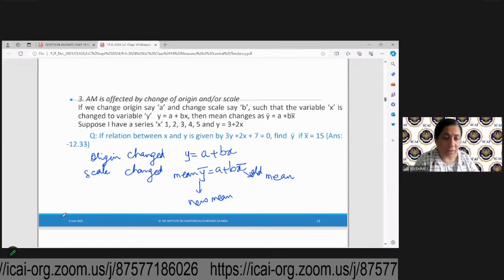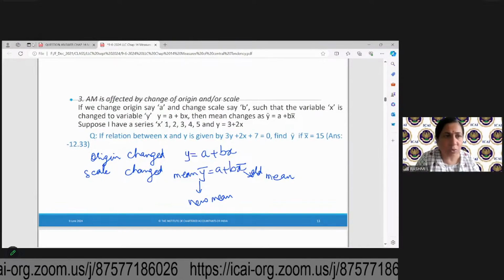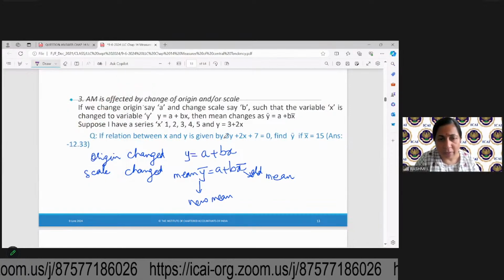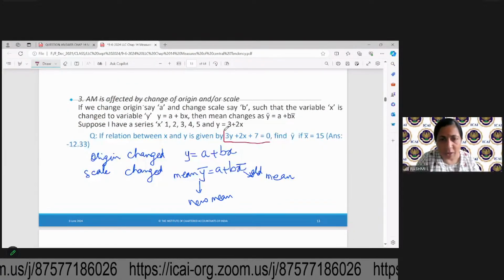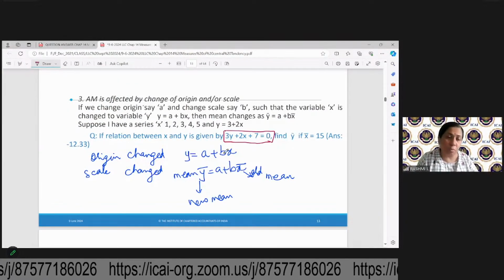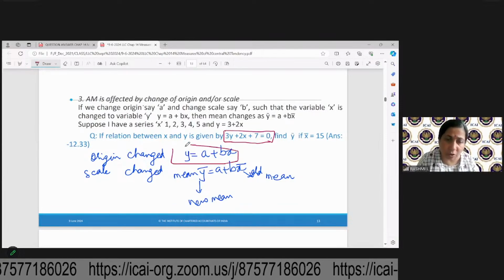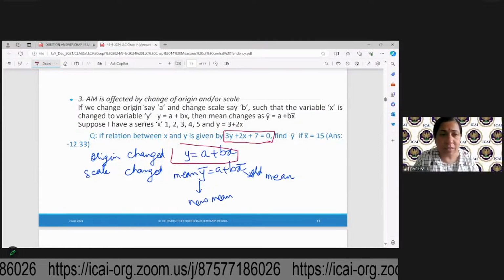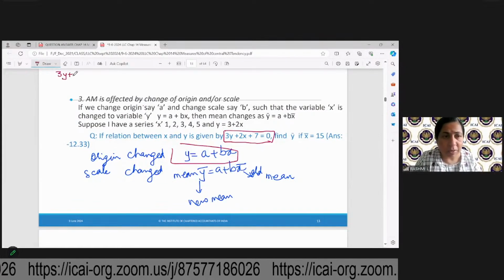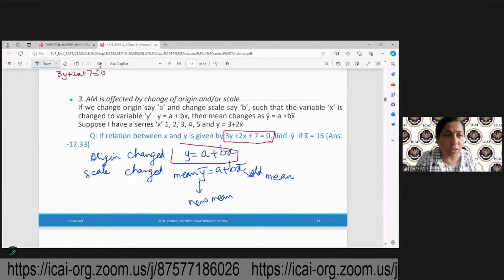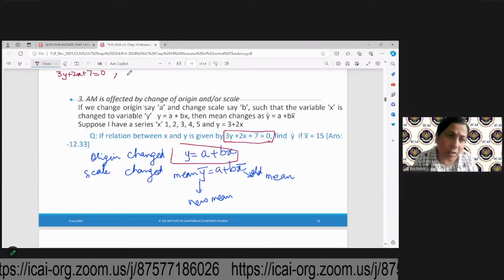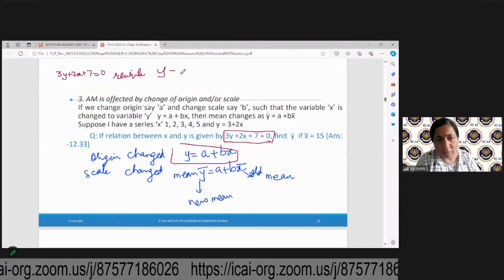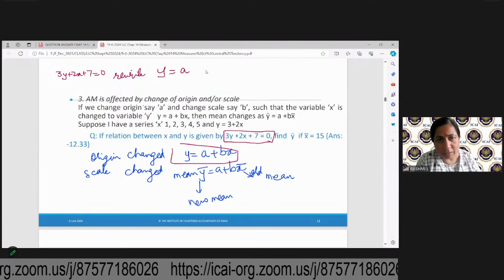So if the relation between x and y is given by this, find y bar if x bar is given. Now always remember, in statistics you must write it in the given form. I must rewrite this equation, 3y plus 2x plus 7 is equal to 0, to this form, y is equal to a plus bx.